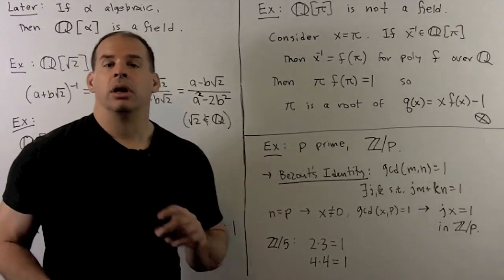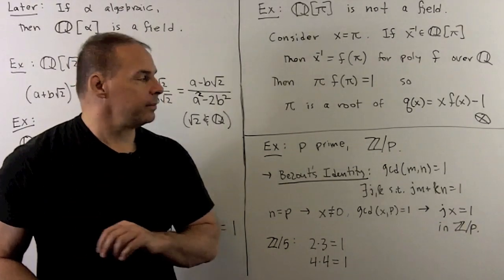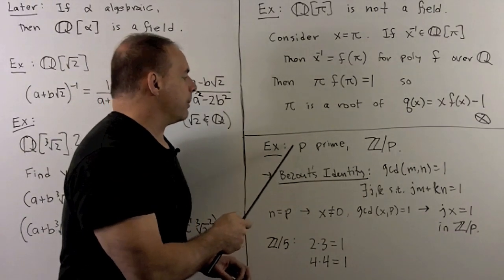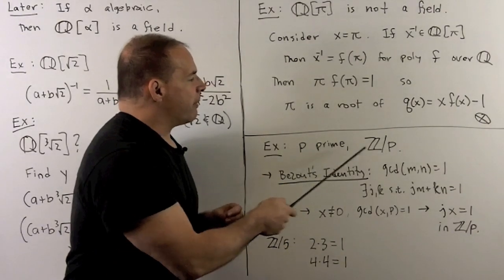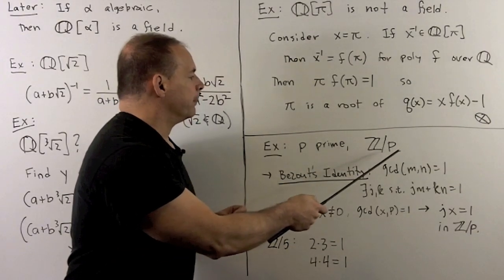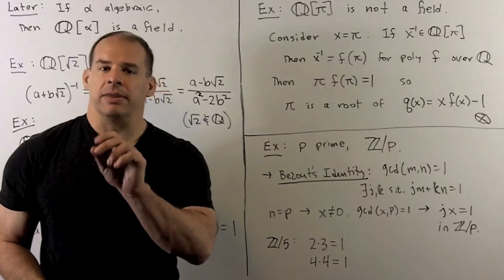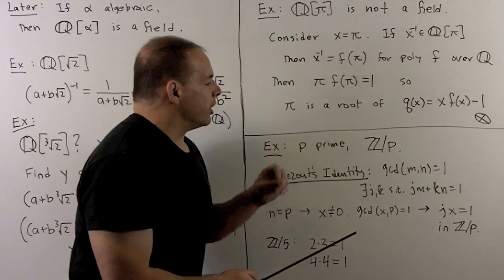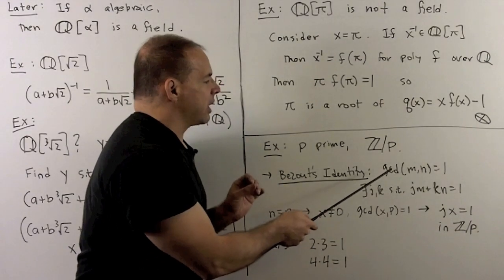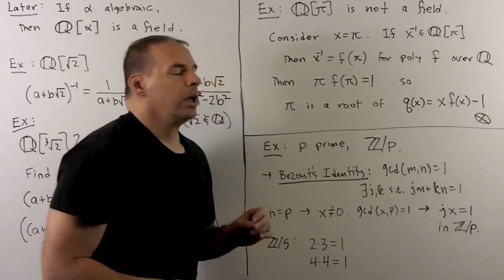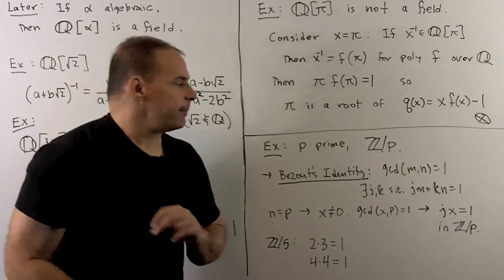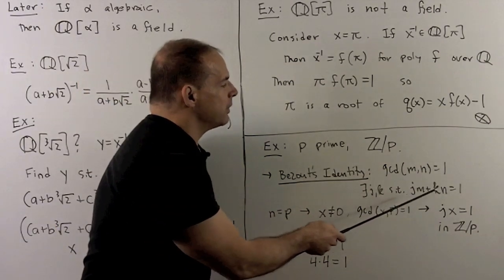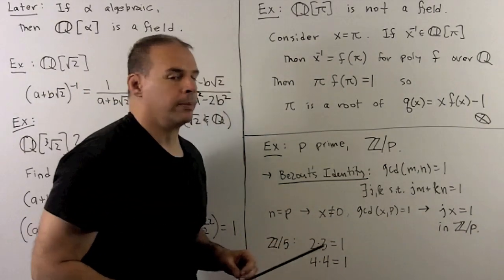Now, another example, slightly different. If we pick p a prime integer, then we can consider the modular integers Z mod p. To make this work, we invoke Bezout's identity. This is for the integers. If I have two integers m and n whose greatest common divisor is equal to 1, I can always find integers j and k such that j times m plus k times n is equal to 1.